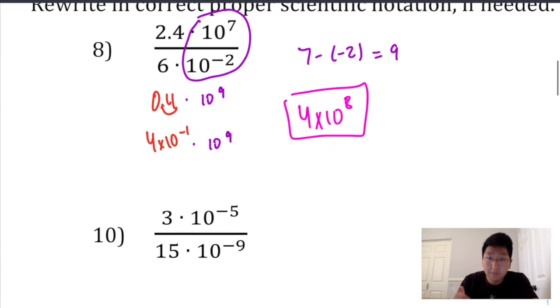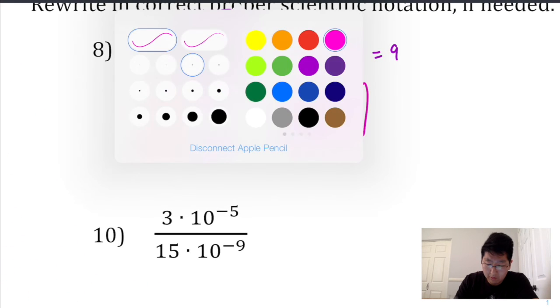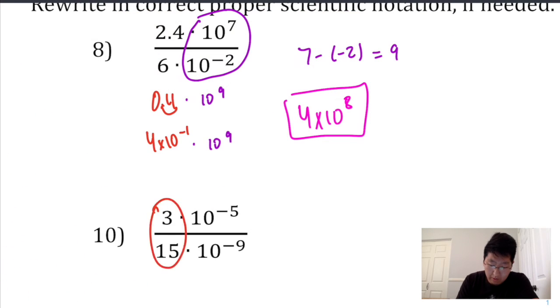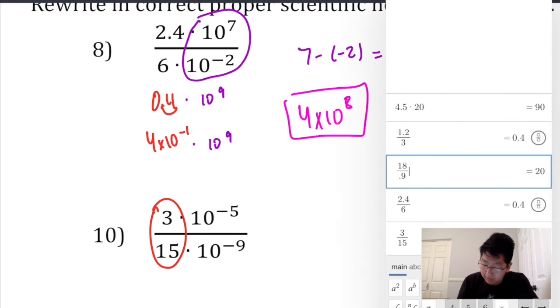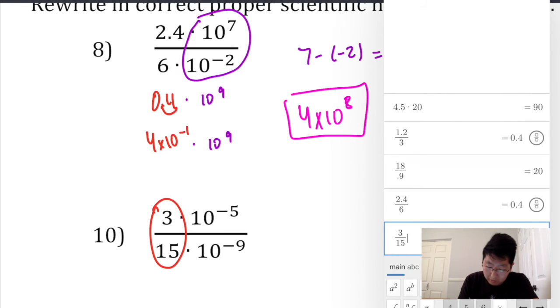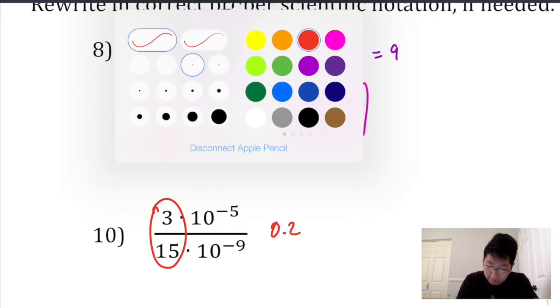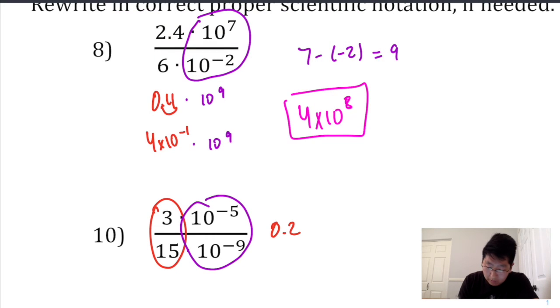And here, divide the regular numbers. 3 divided by 15 is 0.2. And negative 5 minus negative 9 is positive 4, times 10 to the 4th.